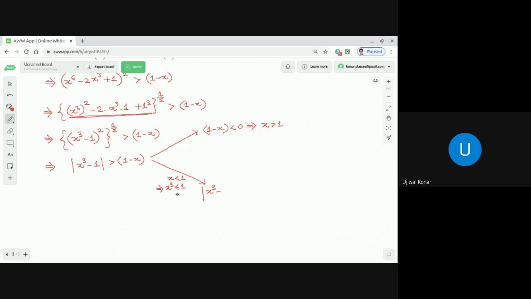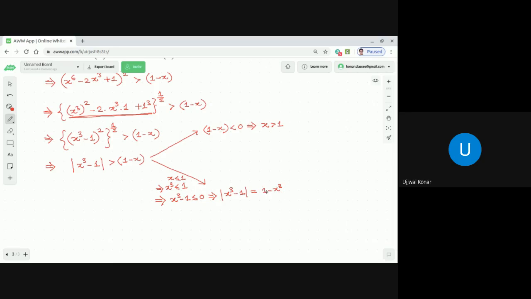Let me write it here. x cube is less than or equal to 1. This implies x cube minus 1 is less than or equal to 0. So that actually implies that mod of x cube minus 1 is actually 1 minus x cube.